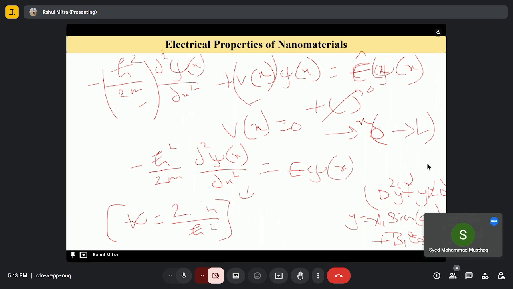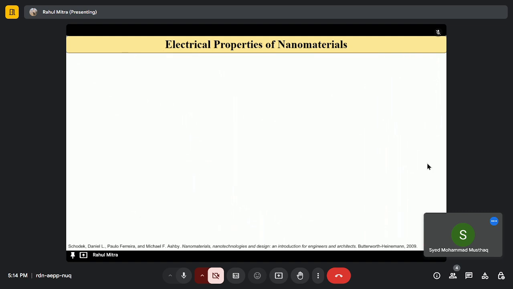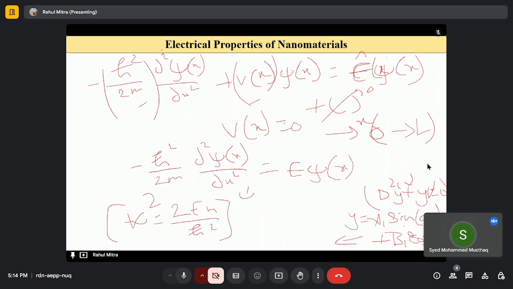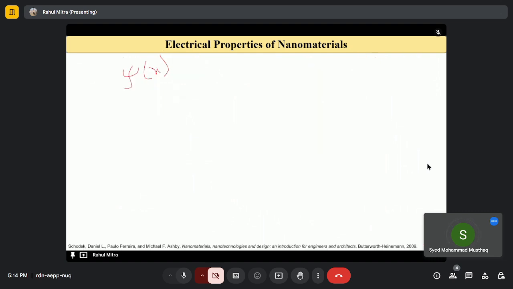Let me denote it as k square. Upon solving, deriving from this, it will turn out that psi of x equals a sin kx plus b cos kx.